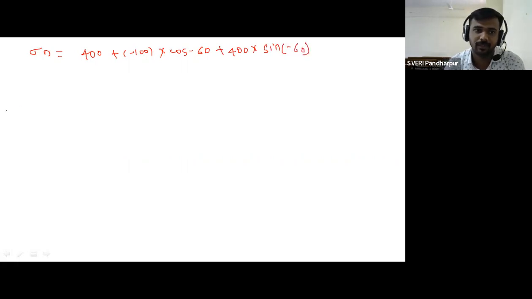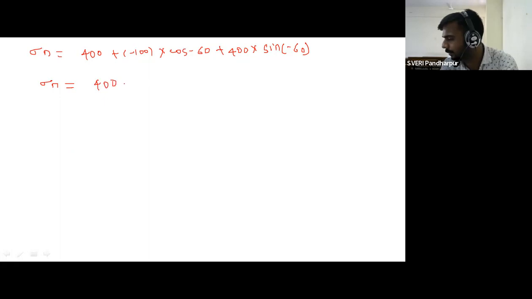So sigma n is equal to 400 minus 100 into cos minus 60, and so on. Do the calculations properly.